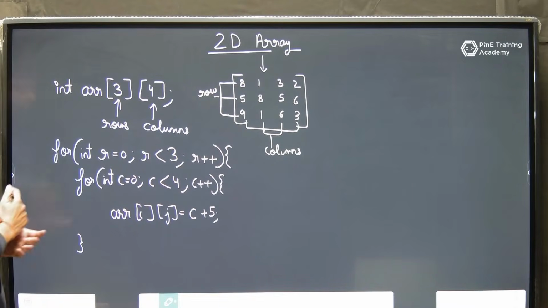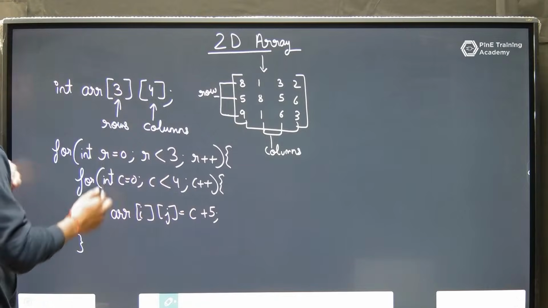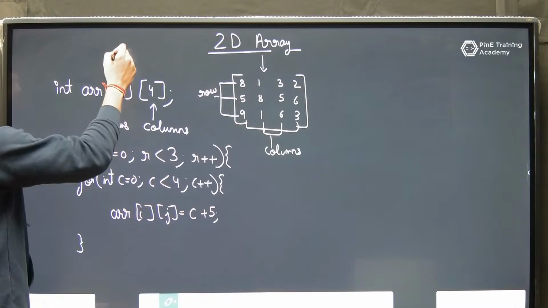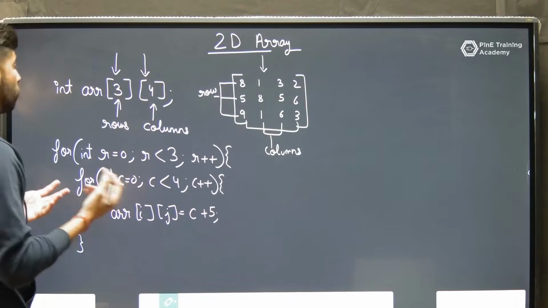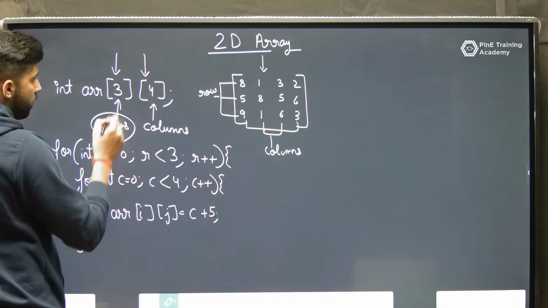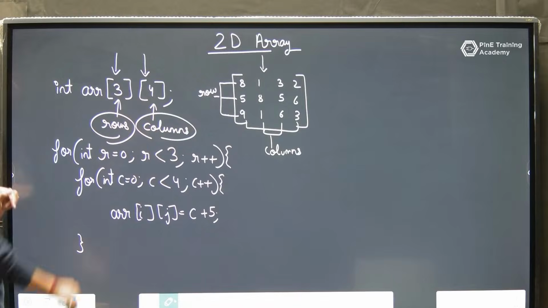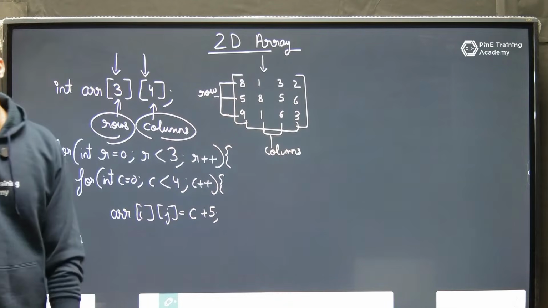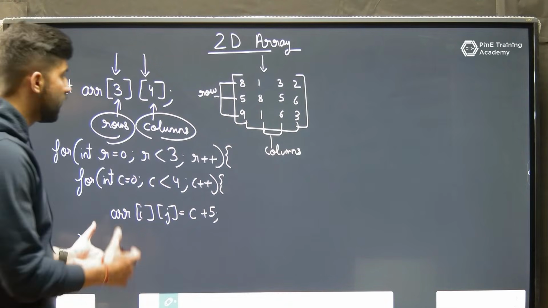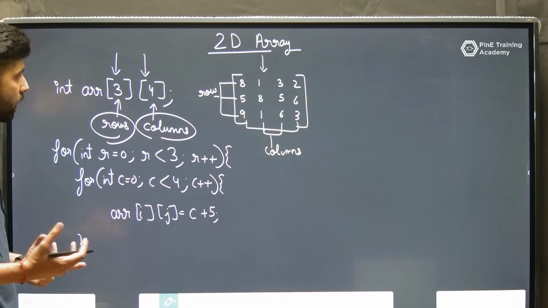To declare a 2D array, we have to declare like this. We give two numbers this time since it is a 2D array. The first number is for rows and the second number is for columns. Okay, so these are my rows and these are my columns. So this is a 2D array, right?